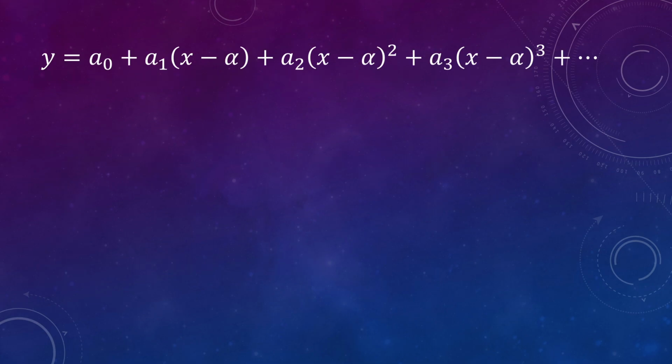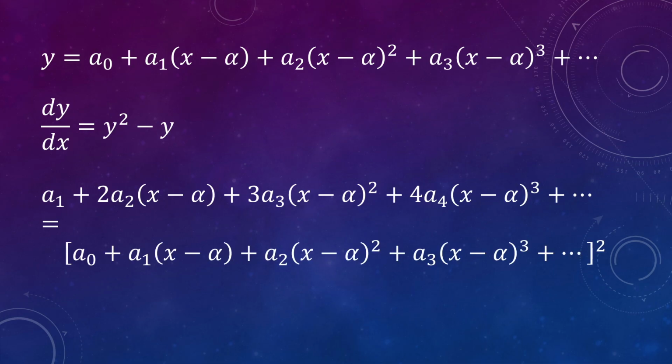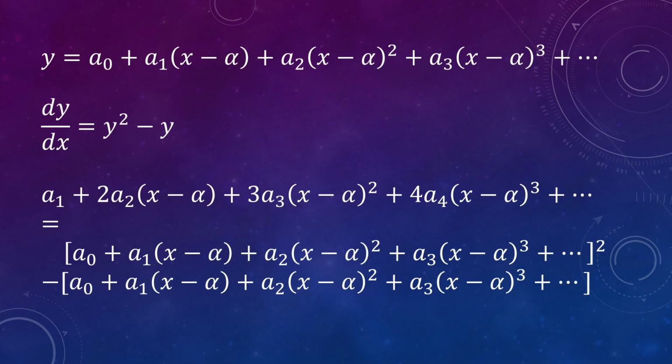Now, y is equal to this, and dy by dx equals y square minus y. We can write this as equal to the square of this minus this.